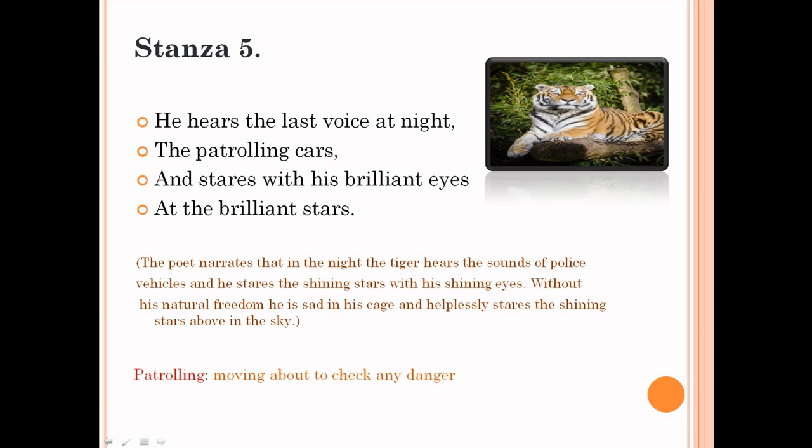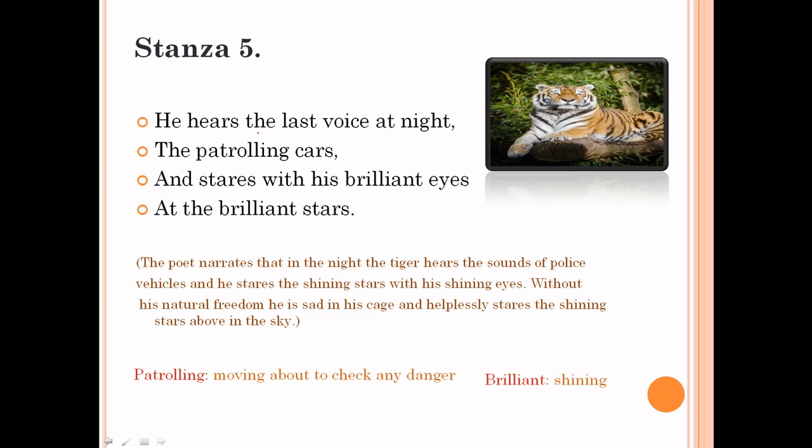Patrolling means moving about to check any danger as police vehicles, and stares. Stares means to look constantly with his brilliant eyes. Brilliant means shining at the brilliant stars.